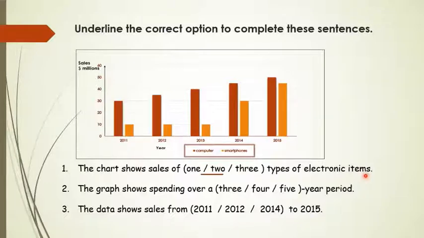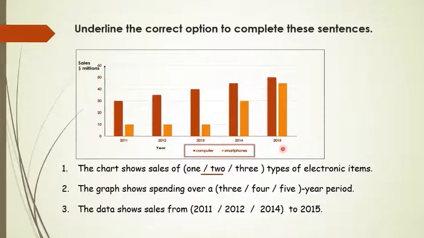Let's try the second one, another sentence to describe the chart. The graph shows spending over a 3-year period, 4-year period, or 5-year period. Again, you can see 2011 to 2015.